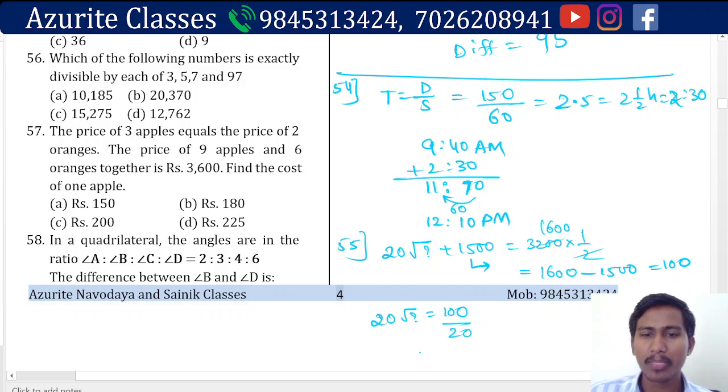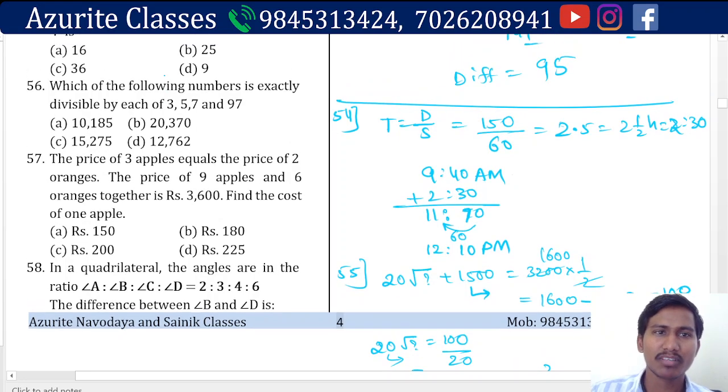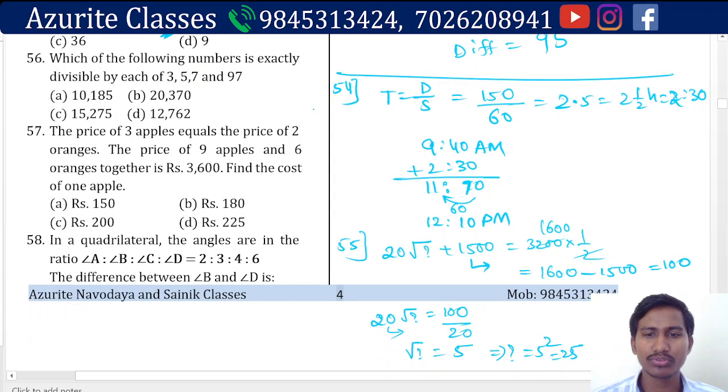So root of question mark will be 5, since 25's root is 5, right? So question mark will be squared on that side. Root will become square, so 5 square is 25. Answer is option B. That is how you have to do it. Okay? Got it, everyone?